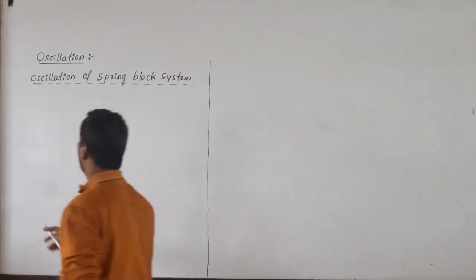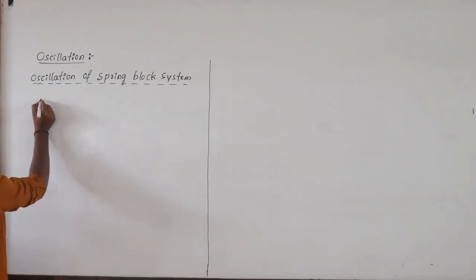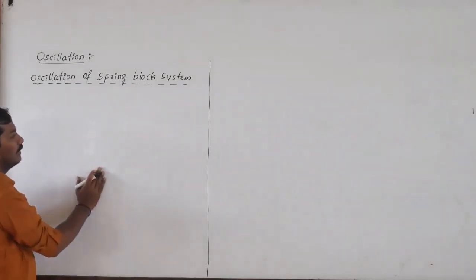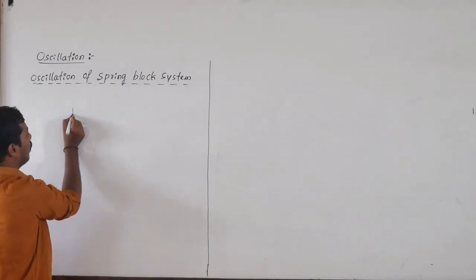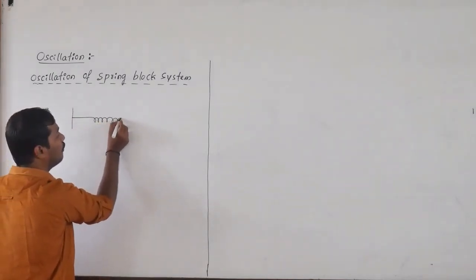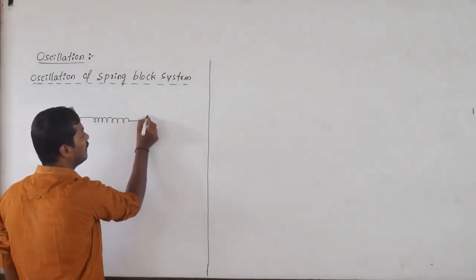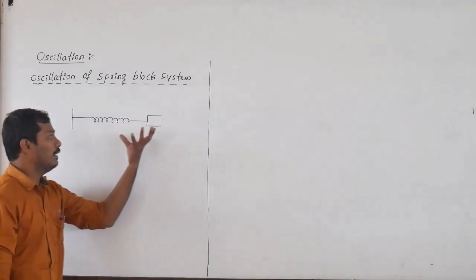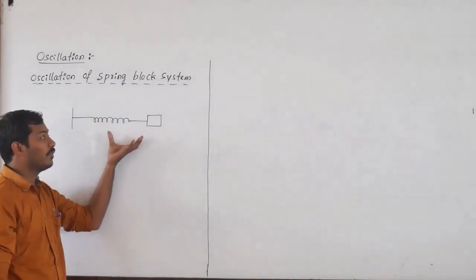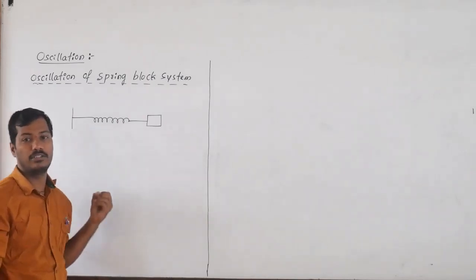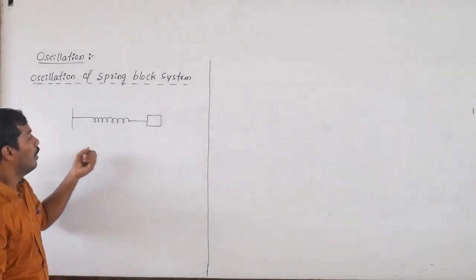In the last class, we discussed the spring pendulum. That spring pendulum is here. In it, we discussed the oscillation of a body which is connected to a spring. In this spring pendulum, the spring is elongated and compressed.